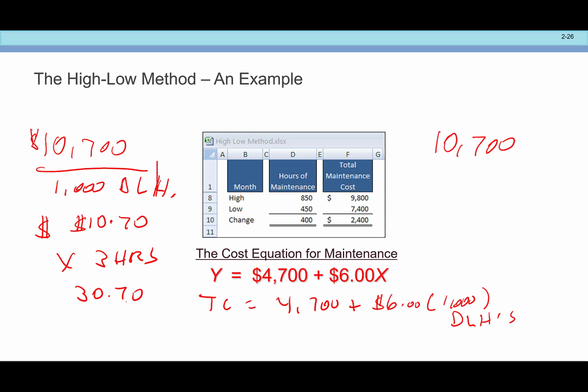But almost 99.9% of the time, none of the other observations will line up on that same line. You basically forced that line and said, there, that's my variable cost under the high-low method.